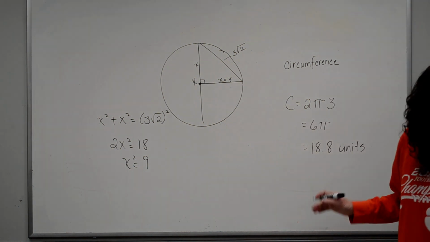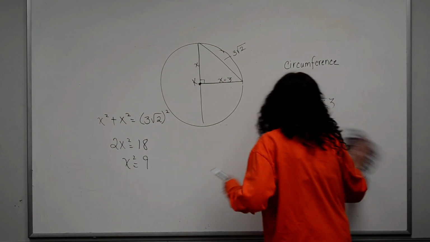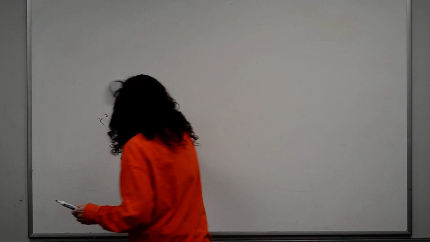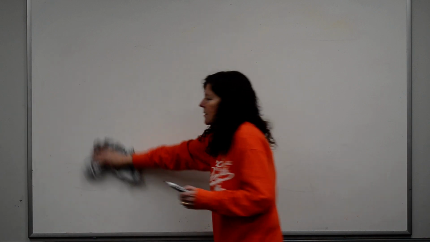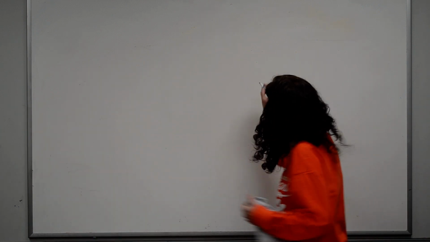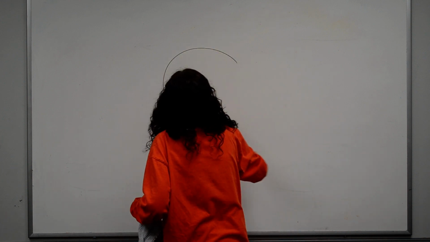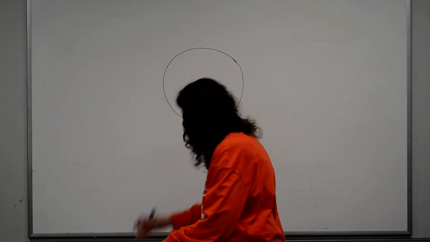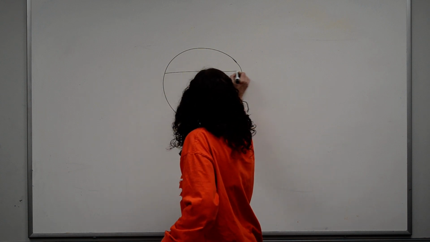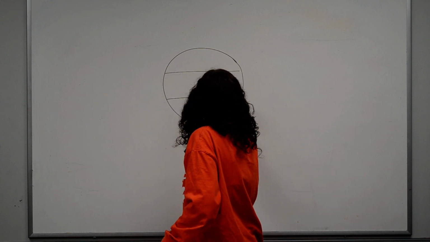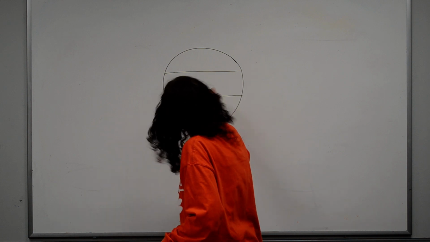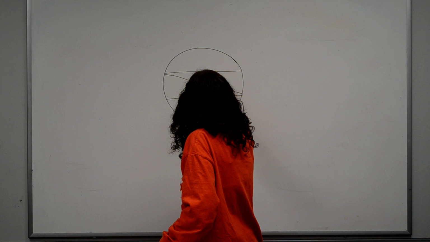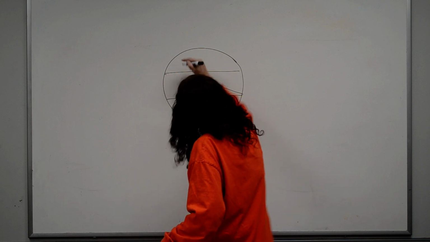All right, I'm going to do one for you to do. Okay? I'm going to give you a drawing up here, and I want you to find the circumference of this circle. Pretend that's a circle. That's supposed to be a straight line.